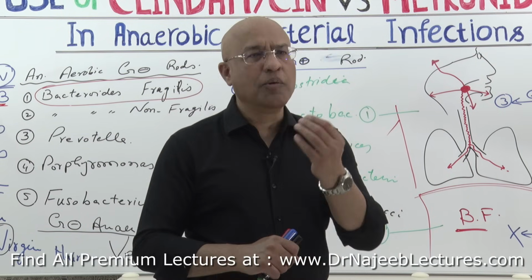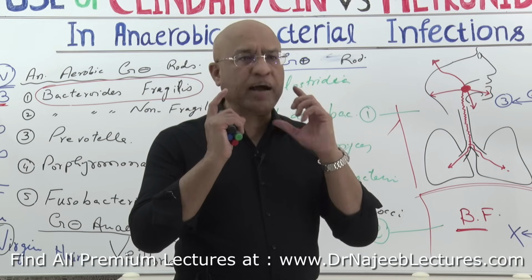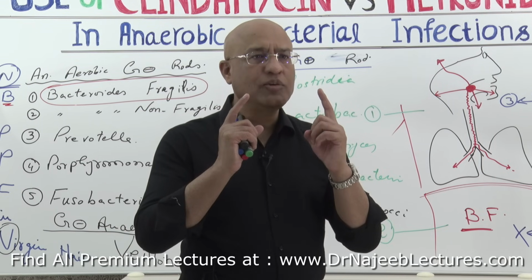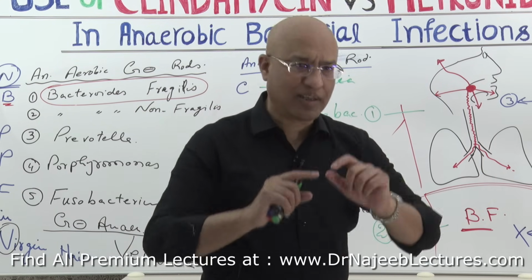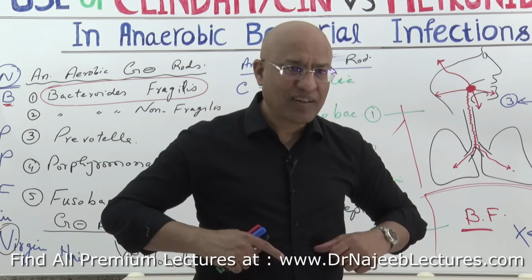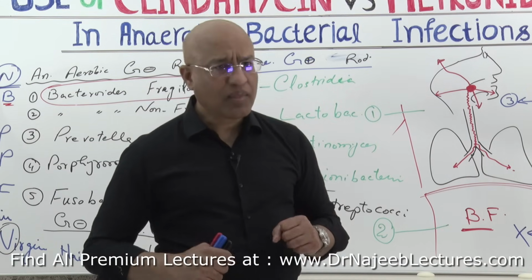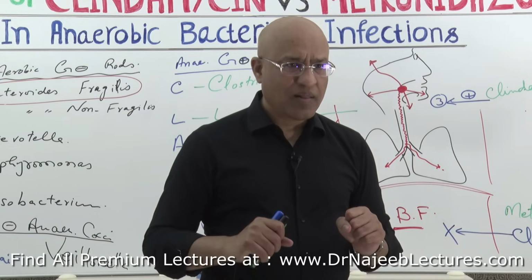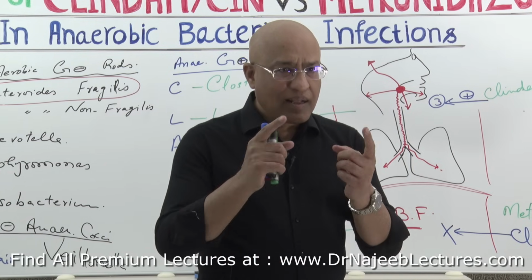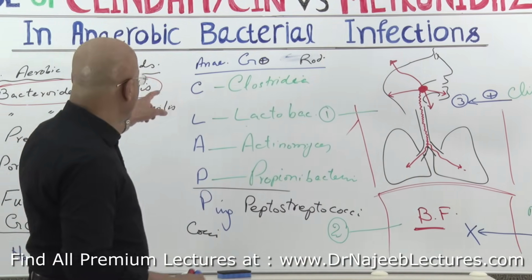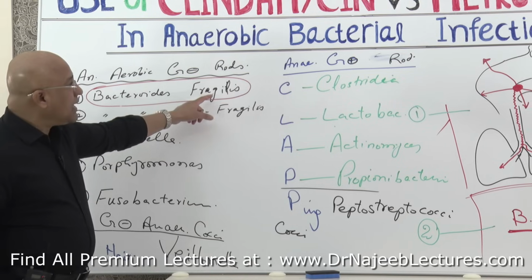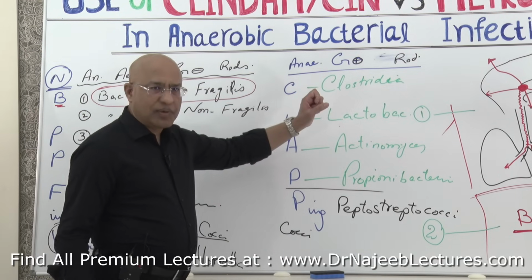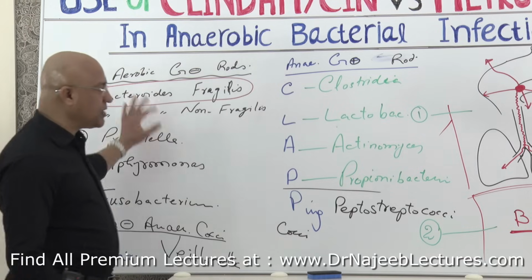Number two, in oropharyngeal microbiota, Bacteroides fragilis is usually not there. That is more common in the colon. We will talk about it later. Next, even Clostridia are less common. All other organisms are there.